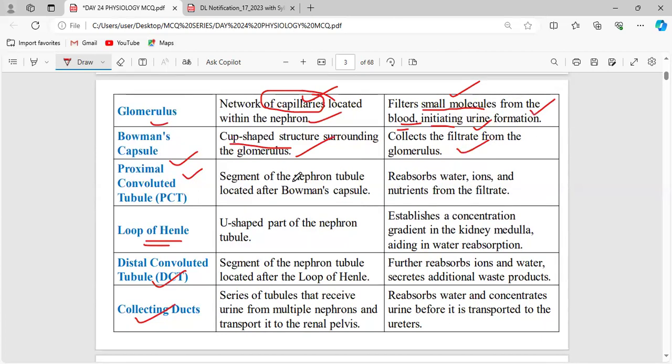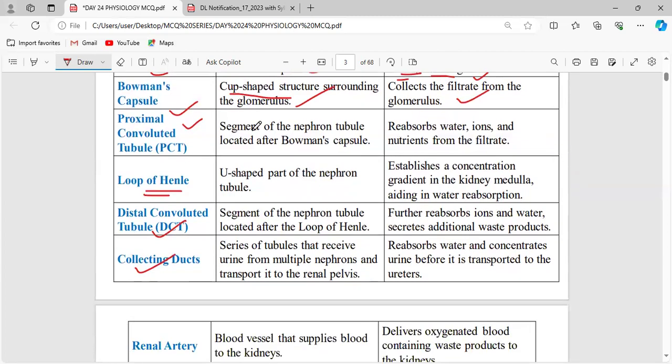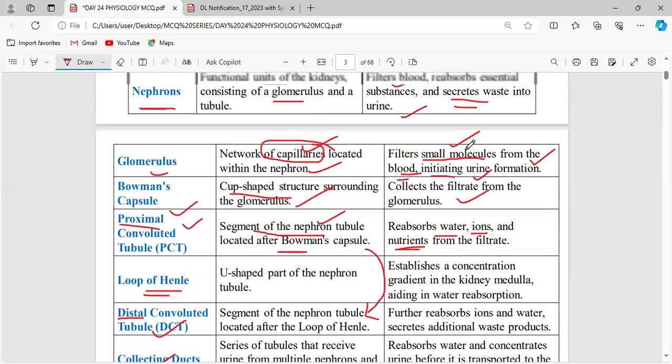Now, what is the proximal convoluted tubule? It is a segment of the nephron tubule located near the Bowman's capsule. If it is located farther apart, then we call it the distal convoluted tubule. Proximal means near, distal means far apart. What is the function of this PCT? It reabsorbs water, ions, and nutrients from the filtrate that has been filtered by the glomerulus.